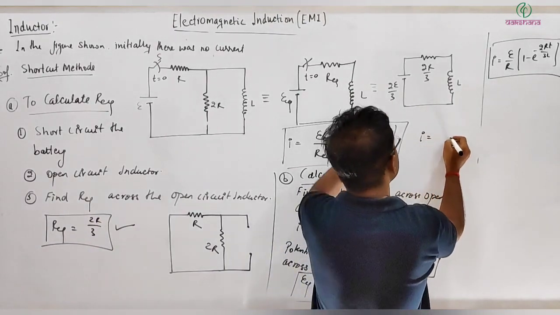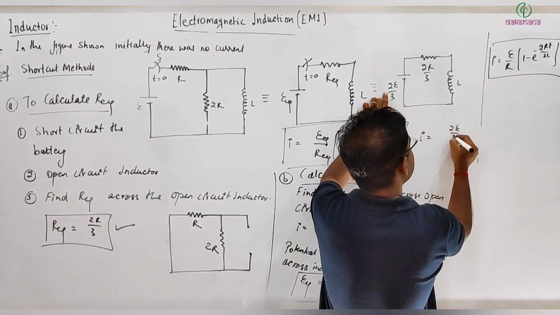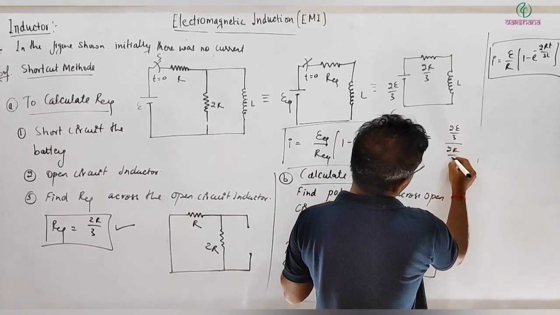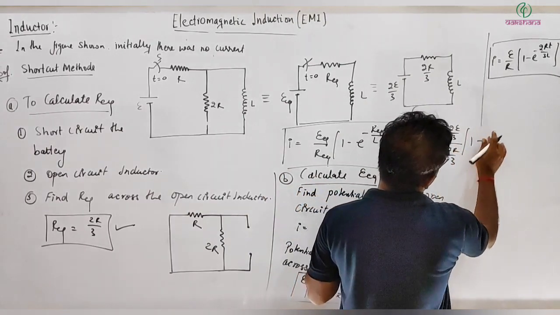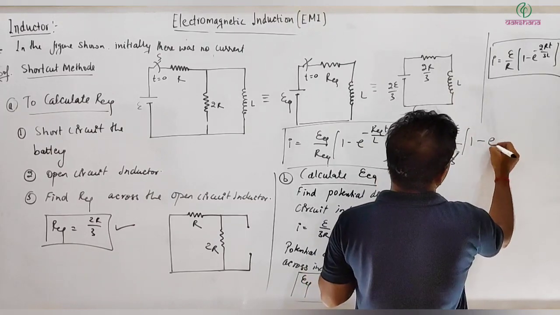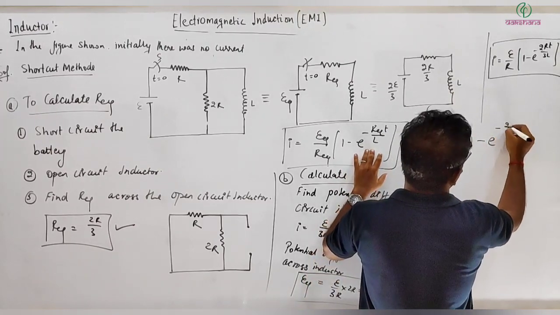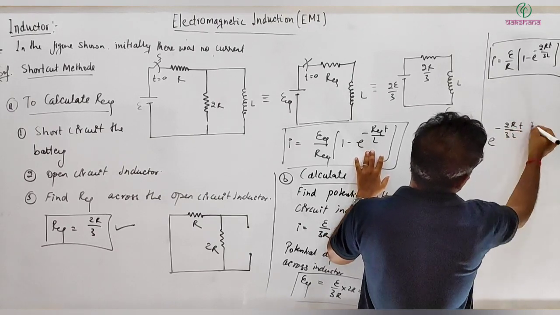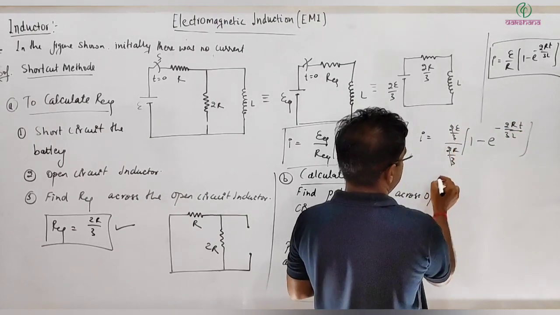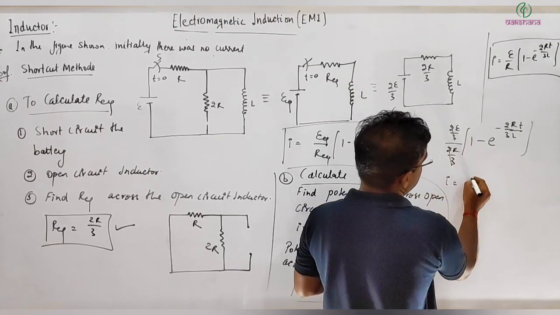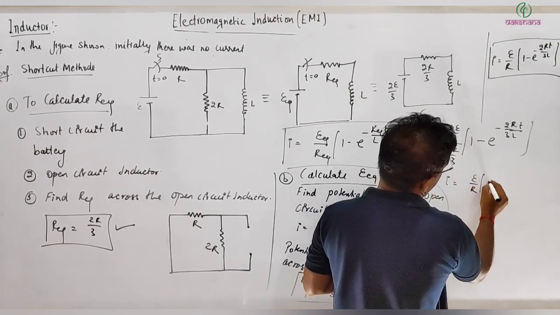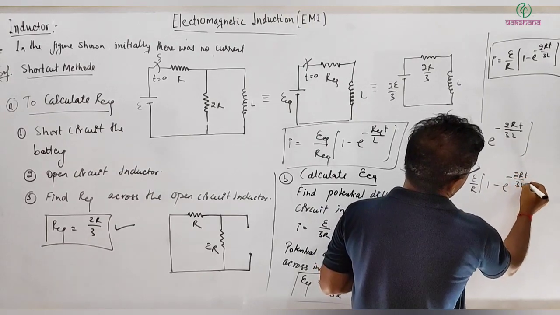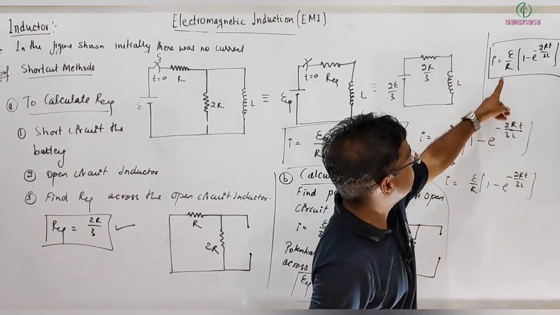I comes out to be 2E by 3 divided by R equivalent 2R by 3, times 1 minus e raised to the power minus R equivalent 2R by 3 into t divided by L. This cancels. I comes out to be E divided by R, 1 minus e raised to the power minus 2Rt by 3L.